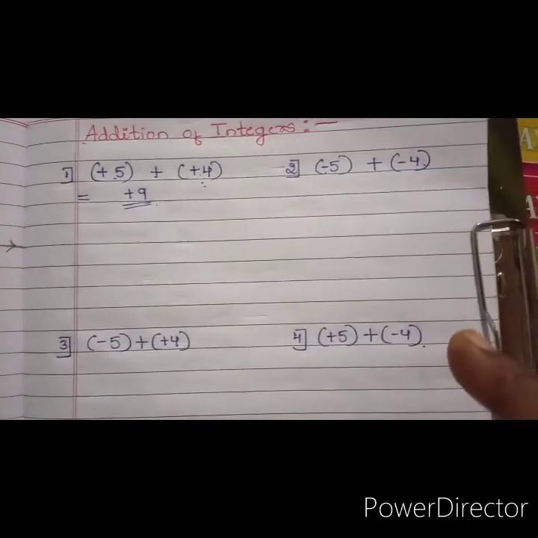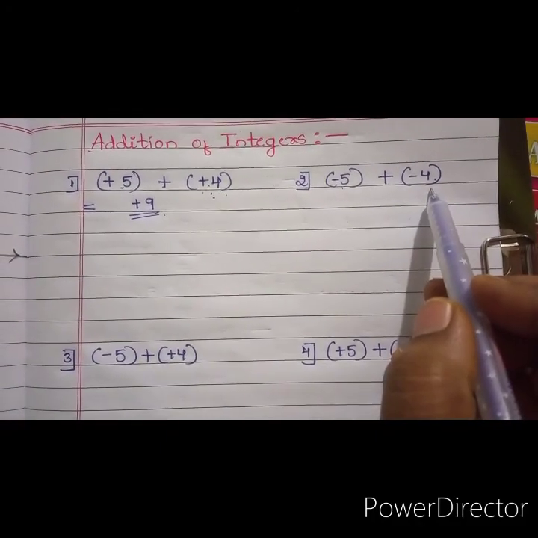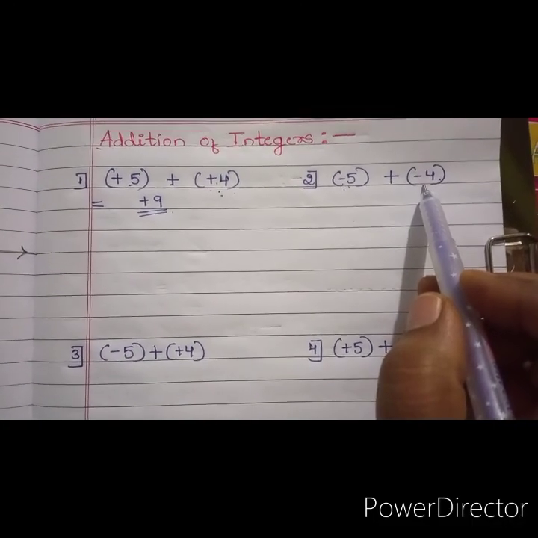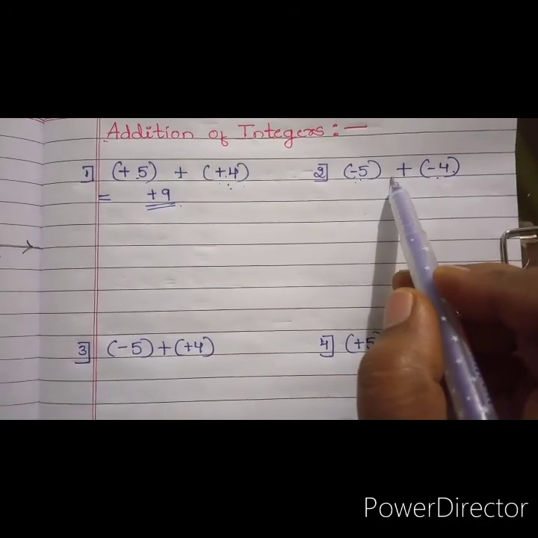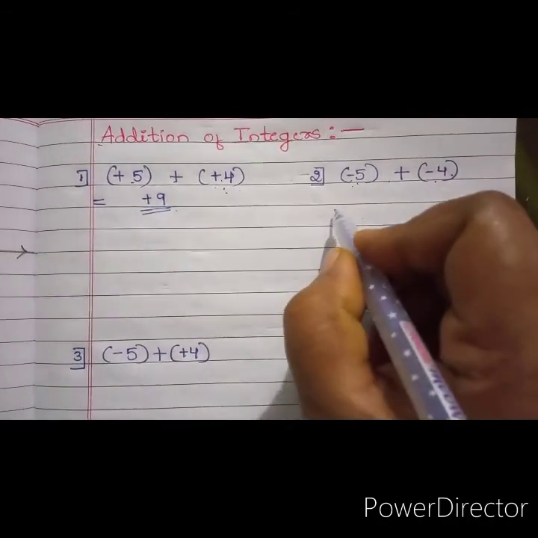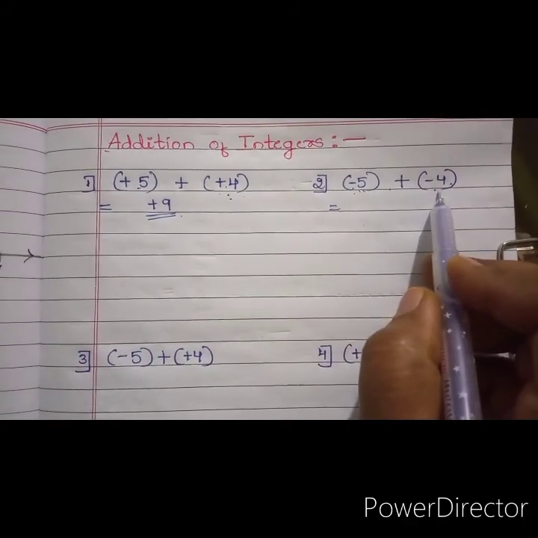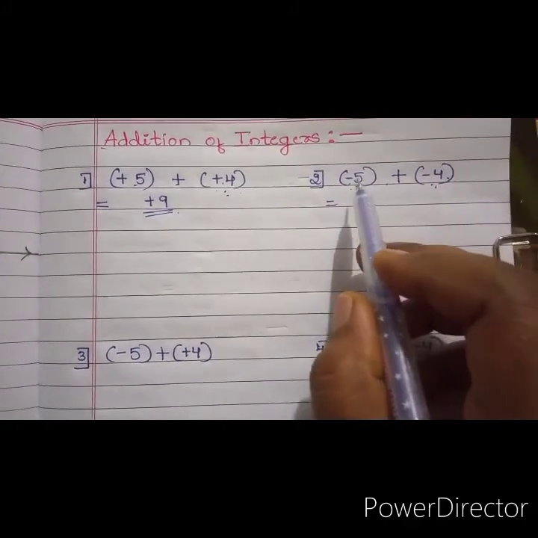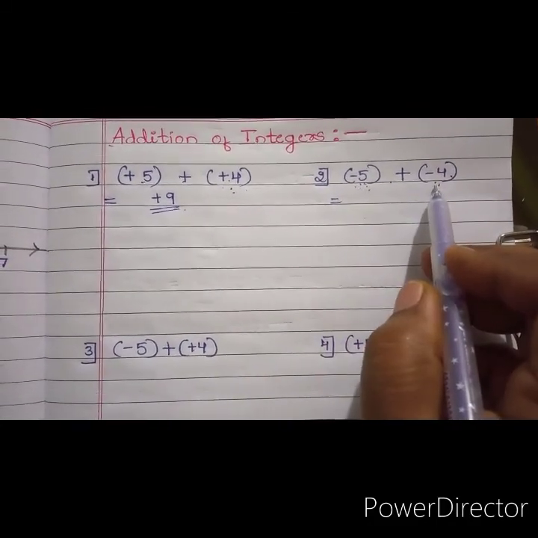But in the second one, minus 5 and minus 4. These two are negative integers, but we are adding. So this is very important. When we are adding these two numbers, minus 5 and minus 4, when the signs are same, we have to add the numbers.